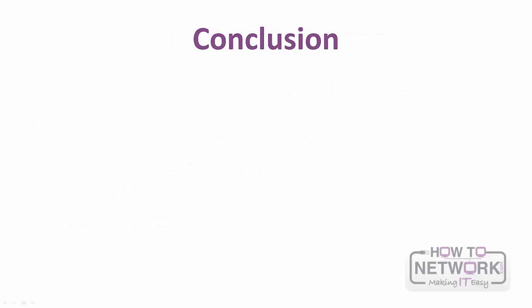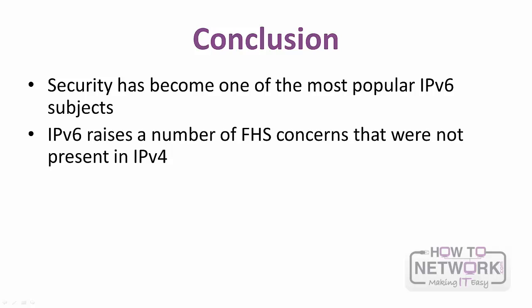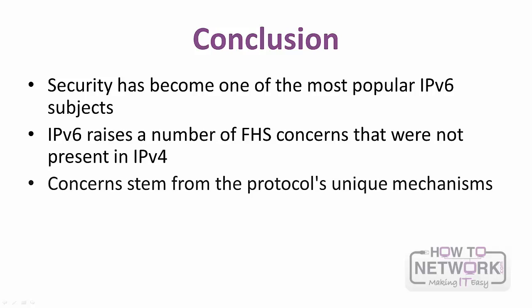In conclusion, security has become one of the most popular subjects of IPv6 discussions. In particular, IPv6 raises a number of first-hop security concerns that were not present in IPv4. Those concerns stem from the protocol's unique manner in which it performs router and neighbor discovery, address assignment, and address resolution.